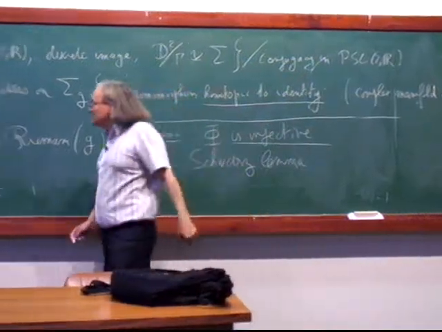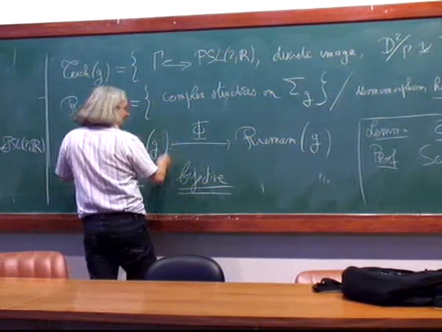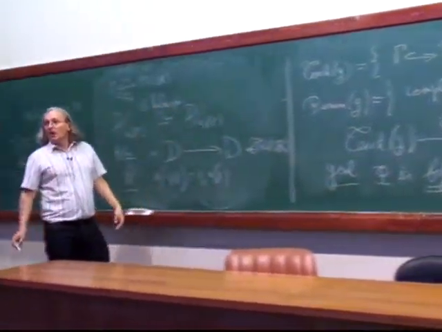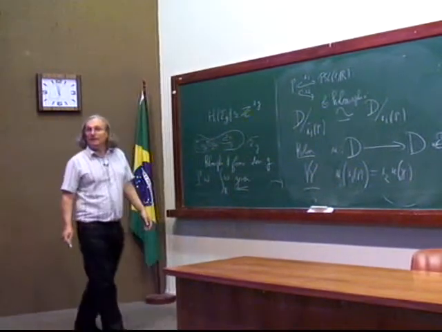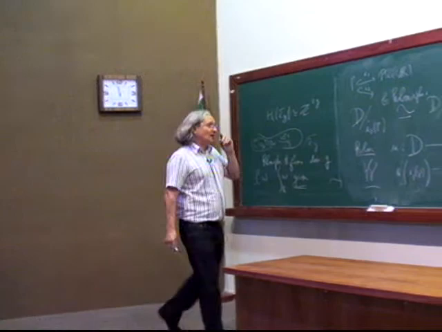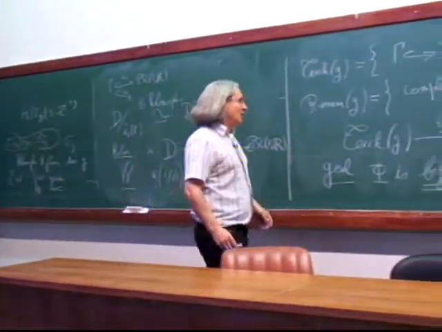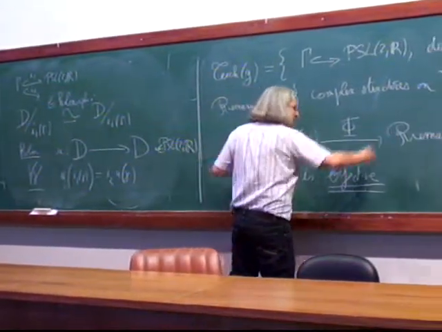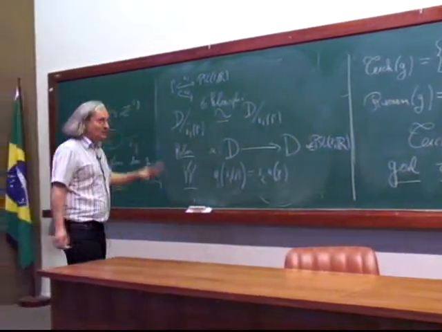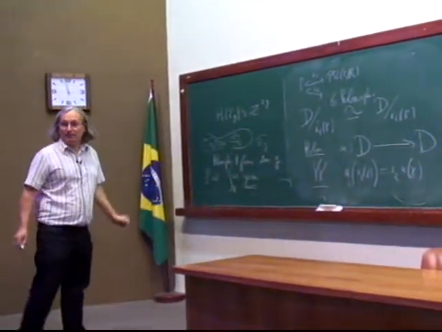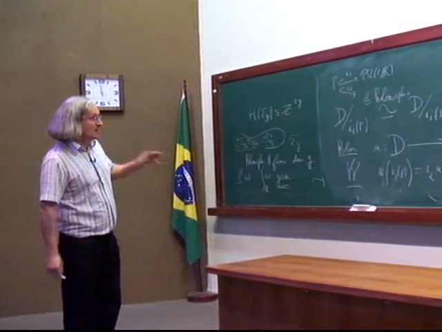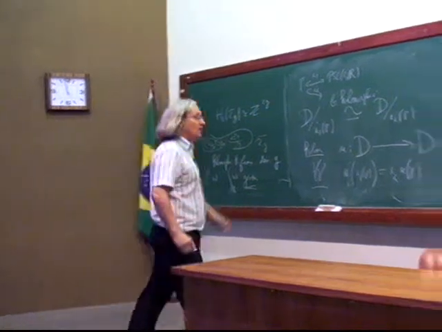So injectivity from the Teichmüller space to the Riemann space is just a simple consequence of the Schwarz lemma. Okay? Now, surjectivity will amount to showing properness of this map, and this will be what I'll try to do next time. Okay? So let me stop here, just a few words.